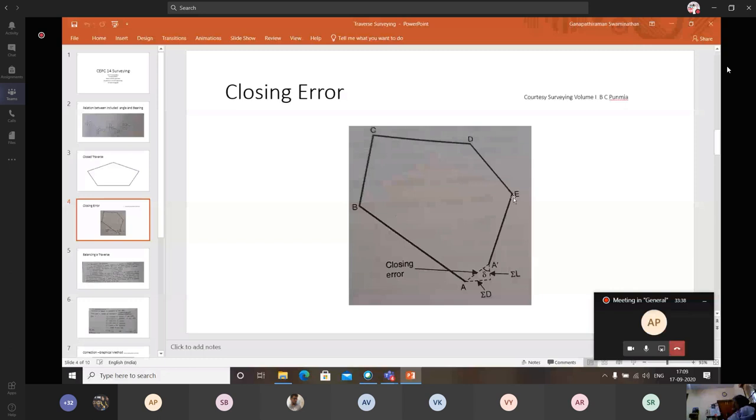CGPA: 6 into 3 is 18, for an E grade the point is 5. 18 into 5 is 90. 2 into 2 is 4, 4 into 5 is 20. 90 plus 20 is 110. 110 divided by your total credits, 18 plus 4, 22. Yes, 110 divided by 22 is 5.